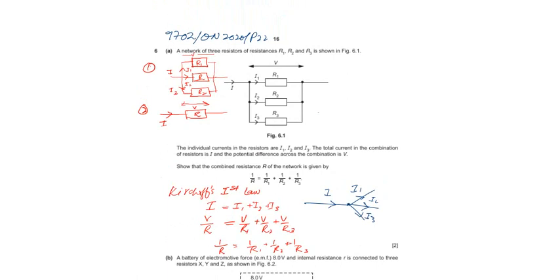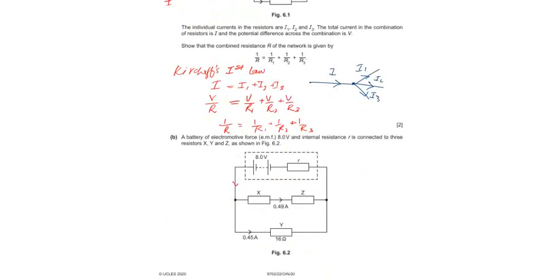So I equals V over R, where V is the total potential difference and R is the total effective resistance, equals V over R1 plus V over R2 plus V over R3, because the V is the same for all three resistors. So taking V as common, 1 over R equals 1 over R1 plus 1 over R2 plus 1 over R3, hence proved.